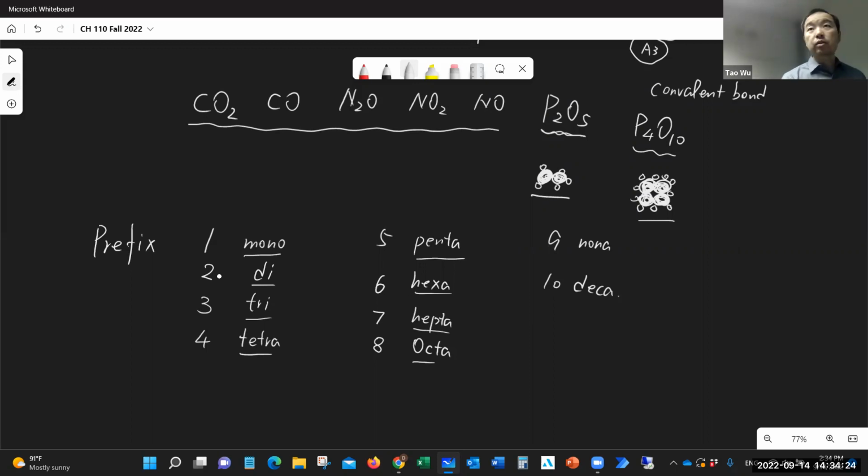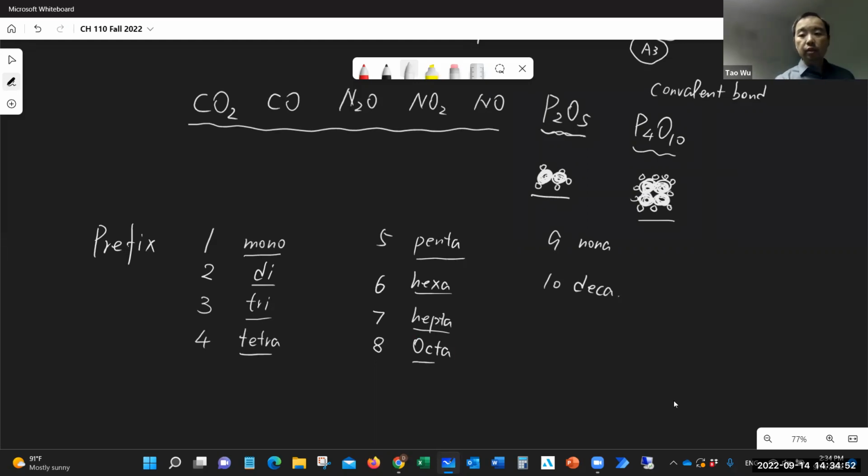Octa usually is called 8. I mean, October is the month of 10, but originally October actually referred to the month 8. You're just adding January and February in front. Okay, so we're using those as the prefix to specify how many of those atoms we have.